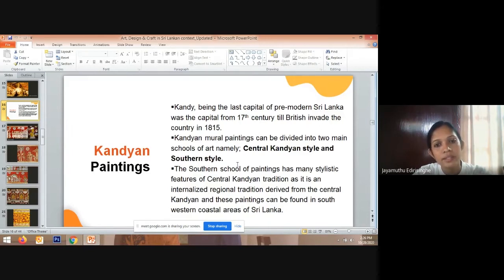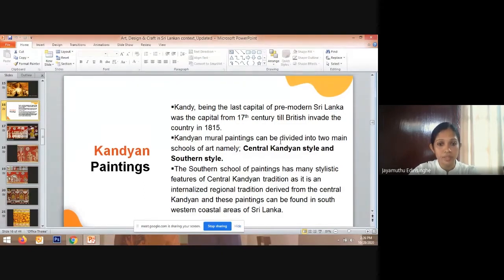There are also a few temples in the coastal area which were affected by these Kandyan style paintings, and they sometimes used Kandyan paintings even in the coastal area. But mainly those 300 Buddhist temples are within the Kandy premises, right?